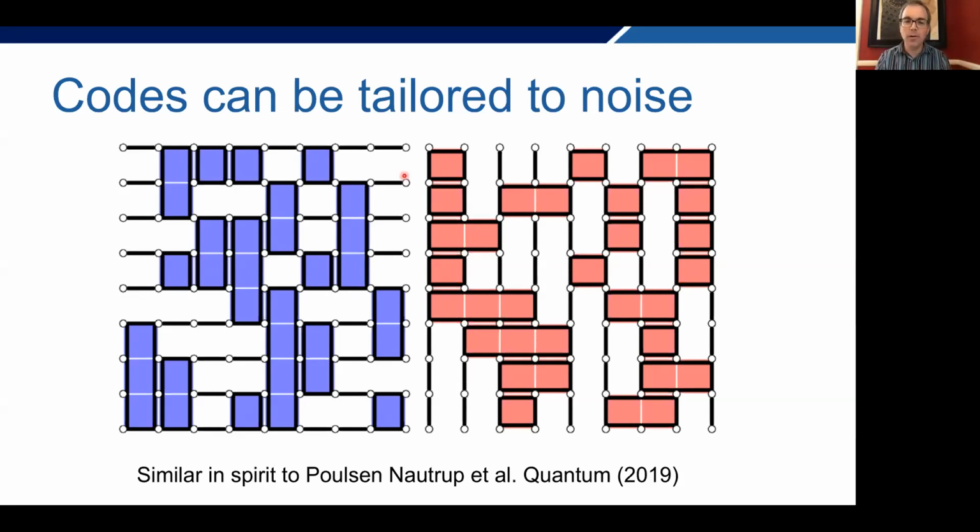And we can have more X-type weight 2 checks in a place where we expect more Z errors. And so if your quantum computer has both an anisotropy in errors, but also that depends on the actual physical layout, which seems highly likely, it's possible to massage the compass code a little bit to give you better performance.